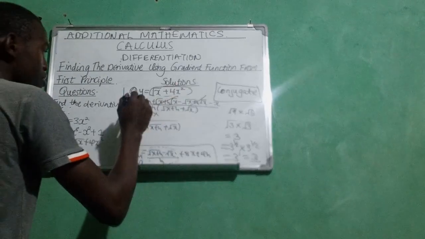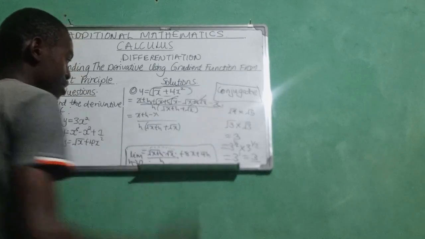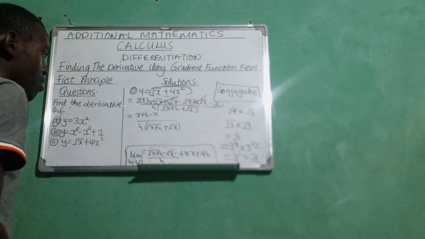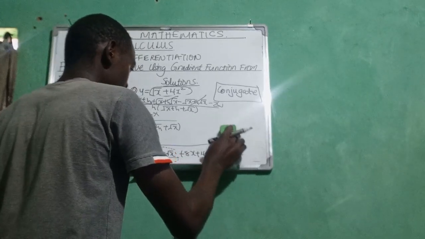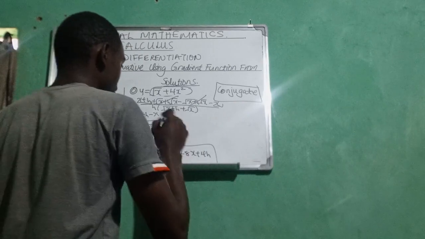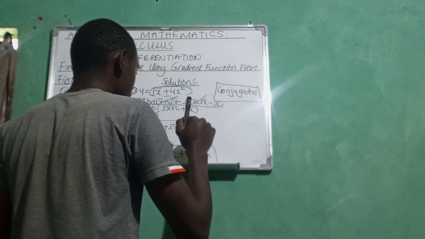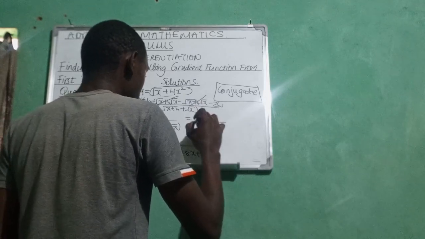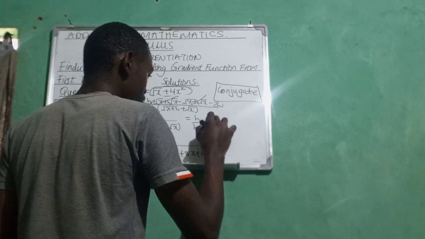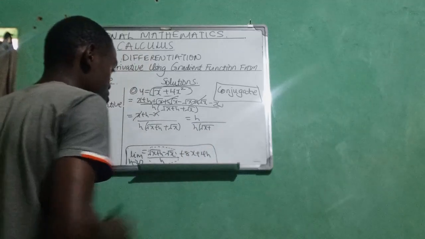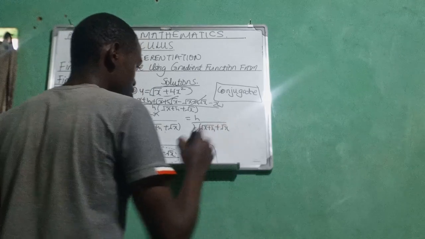That and that will go, then we just get this and this. Then if you simplify that, you're going to have this and this cancel out, giving you h. You divide by h, square root of x plus h, plus square root of x.